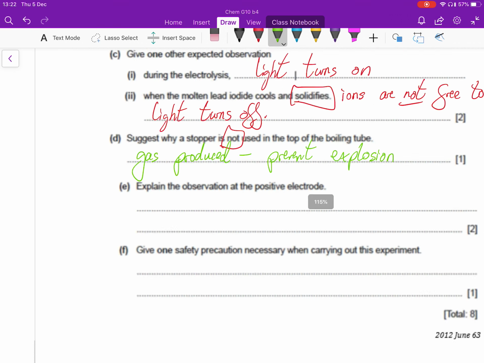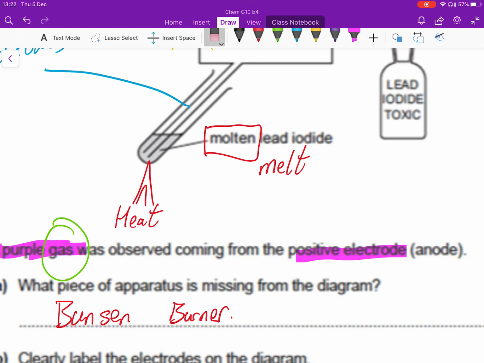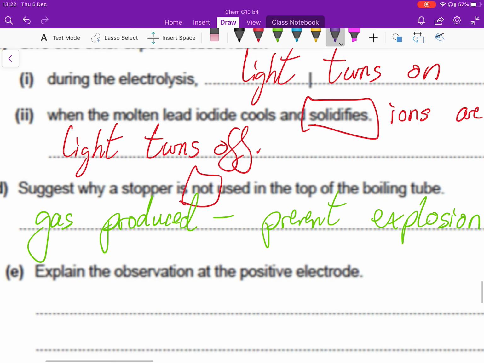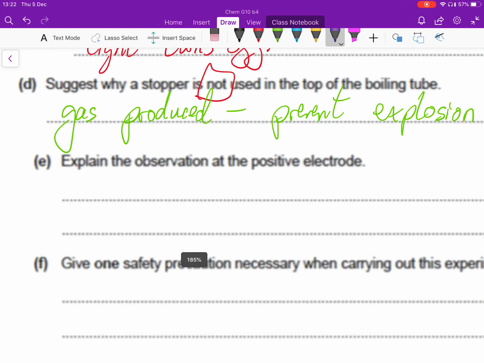Explain the observation at the positive electrode. Well, a purple gas is given off, and because it's molten, we know that there's only 2 chemicals present. There is either the lead or there is the iodine. And it tells you that a purple gas is given off.